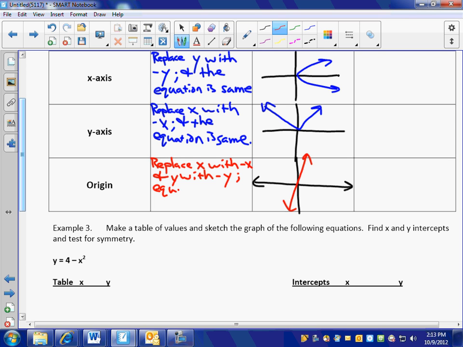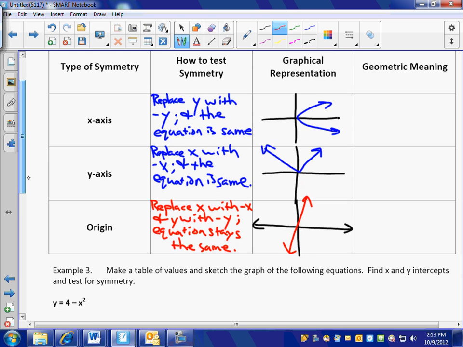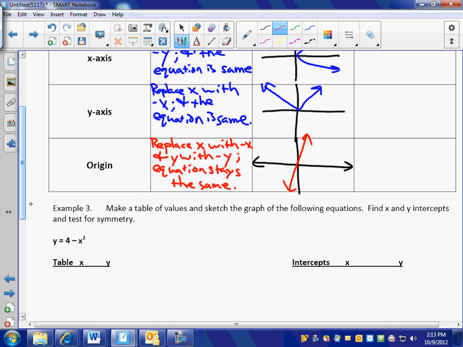The equation stays the same. We won't discuss the geometrical meaning. I think you guys understand what it means to be symmetrical about something. We talked about that yesterday.